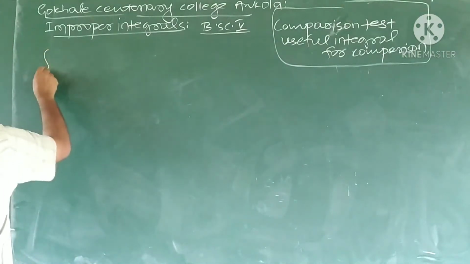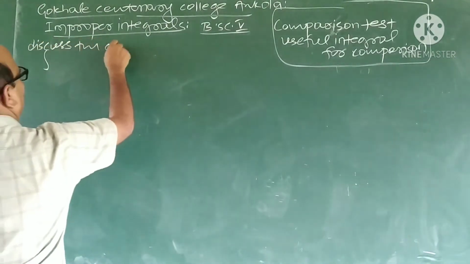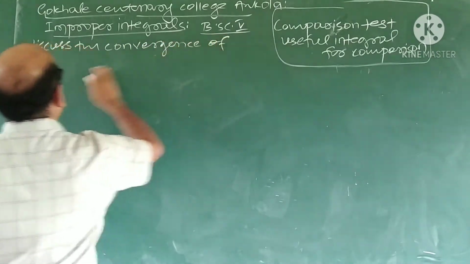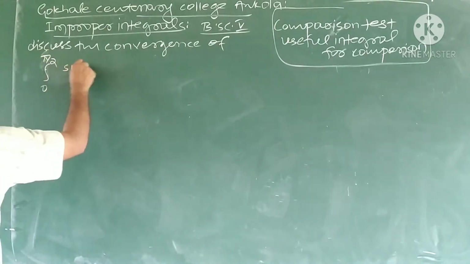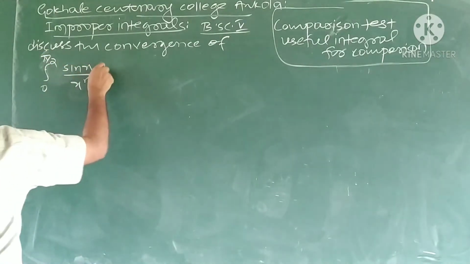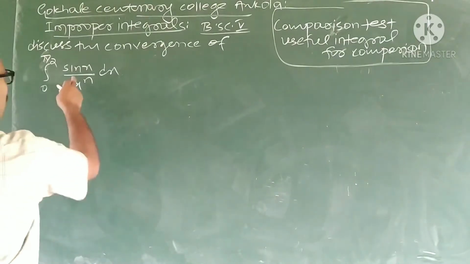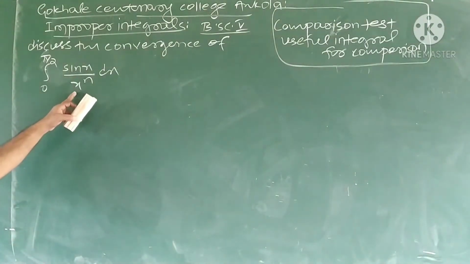Now the first problem is, discuss the convergence of integral 0 to pi by 2 (sin x by x) raised to n dx. We verify this is the problem, (sin x by x) raised to n dx. Now first see when it becomes improper.